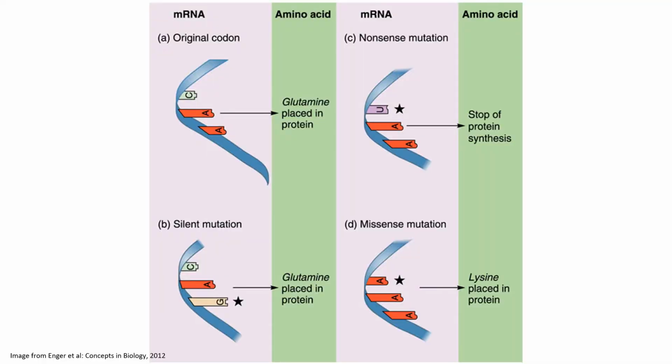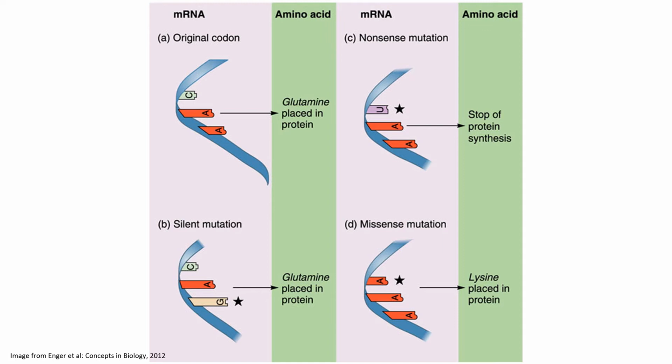Okay, here is an example. We have an mRNA. Again, the important thing about that is the sequence of 3 nucleotides that form the codon. And CAA codes for glutamine to be added to the growing protein.